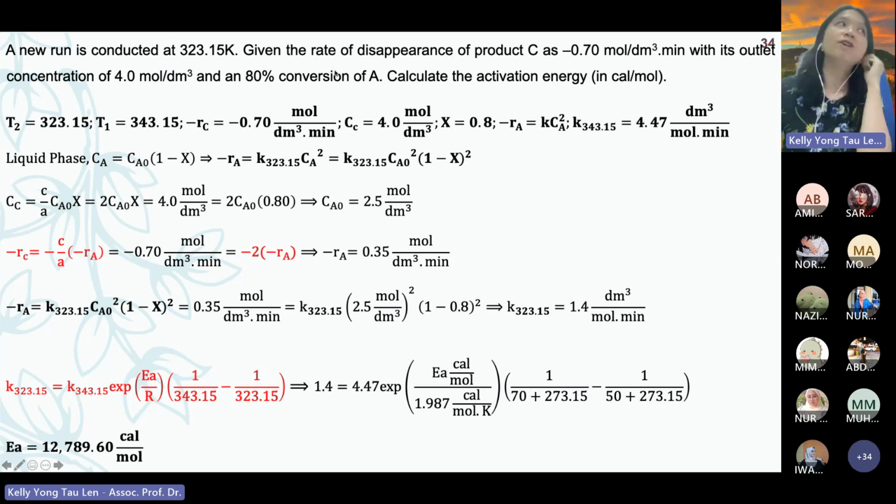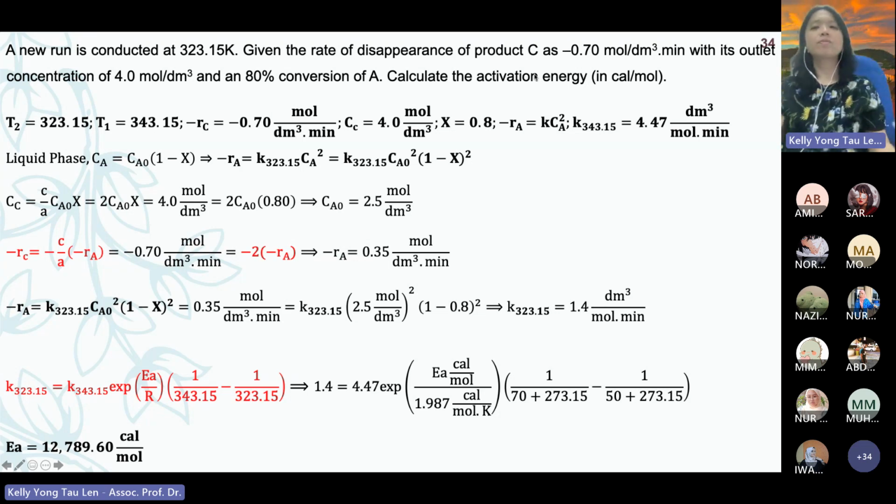Dia kata lagi, given the rate of disappearance of product C as negative 0.70 with its outlet concentration of 4 and an 80% conversion of A. Calculate the activation energy in calorie per mole.